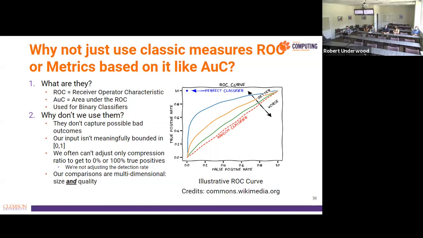The error bound of a compressor doesn't necessarily produce a 0 false positive rate, even if we introduce an error bound of 0, effectively forcing a lossless compression scheme. Additionally, our comparisons that we want to consider are multidimensional. We want to consider both size and quality, not simply the sensitivity of our metric to a variety of different approaches.